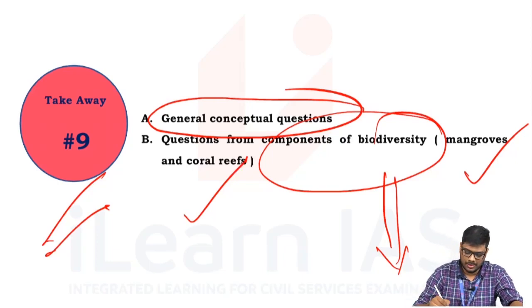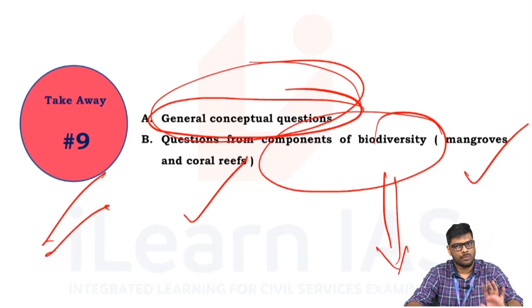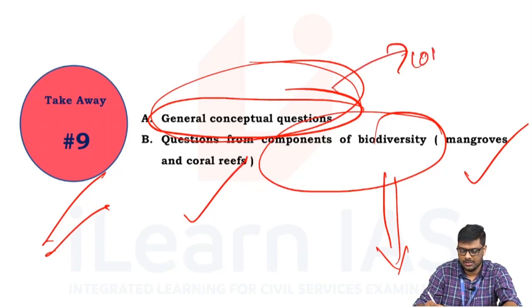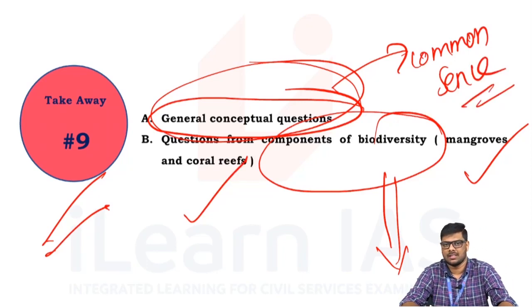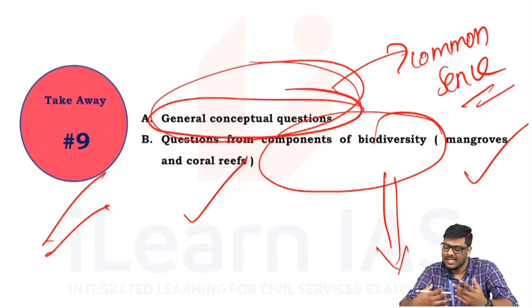Mostly you can expect concept based questions which can be solved using your common sense. You don't need to build any factual data. You just need common sense and a broad mind to answer these things.